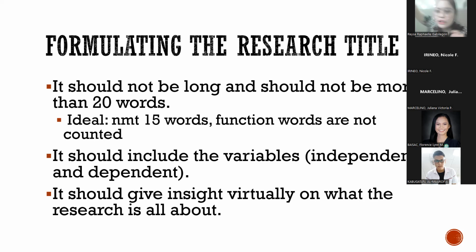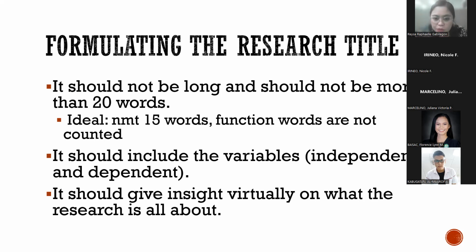But do not include in the counting yung mga function words na tinatawag like a, an, with, of. Do not include those. The, hindi din siya included. Let's just count the major words in your titles. And then again, the ideal is not more than 15. I'll show you an example later.